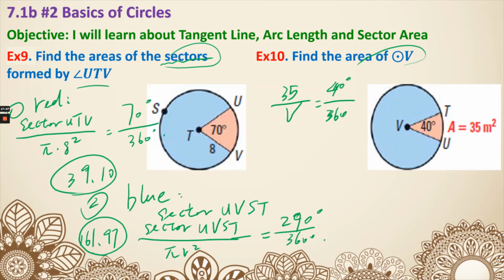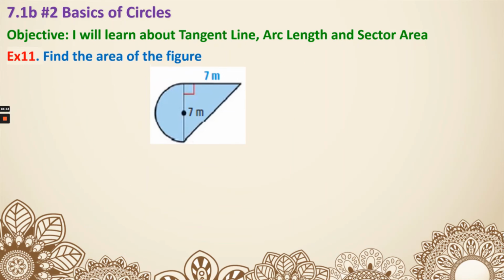This time we do need to cross multiply because V is on the bottom of the fraction. After solving, V is going to be 315. That's example 10. Now we have two more.